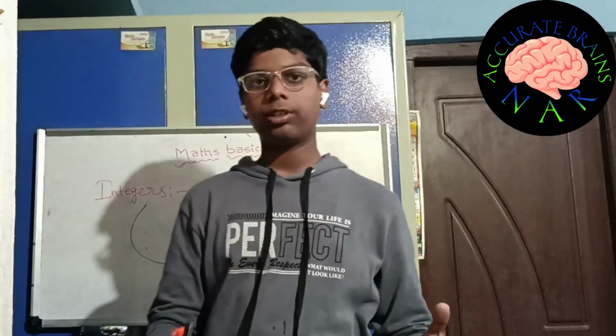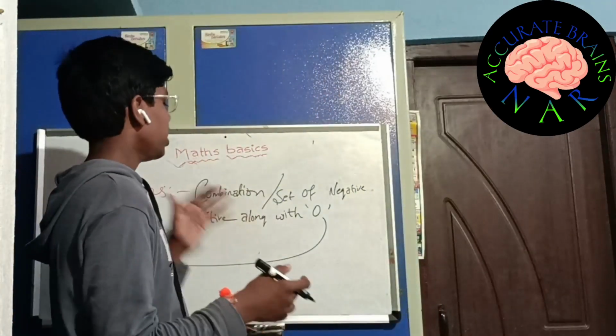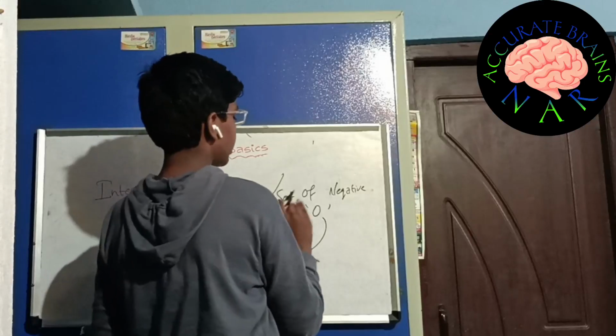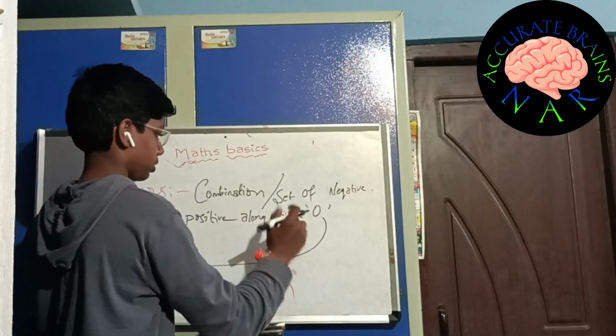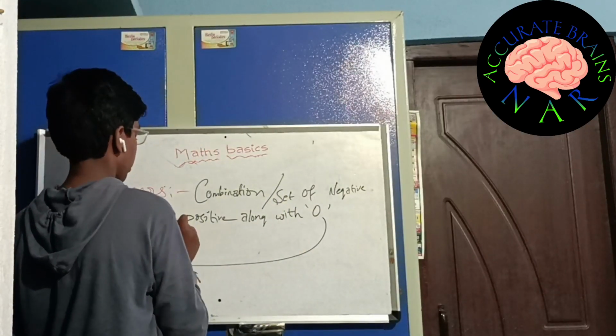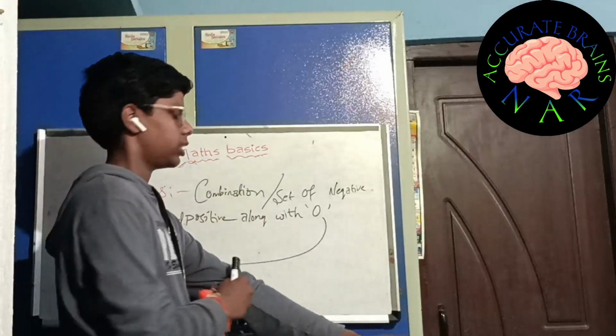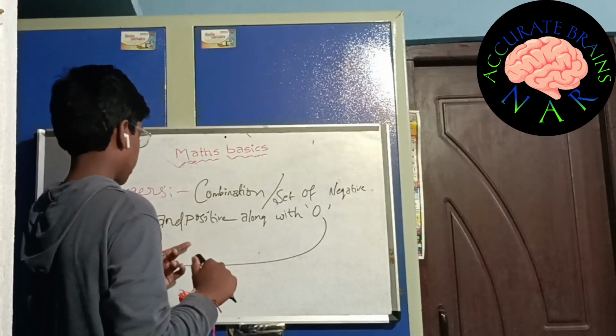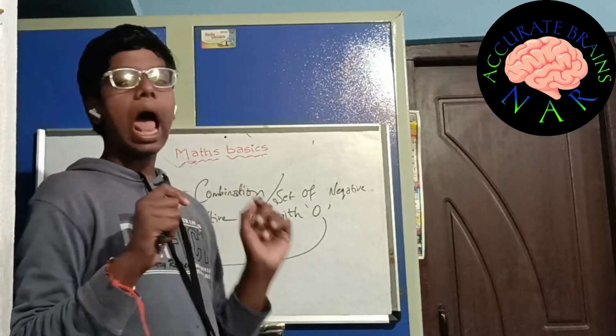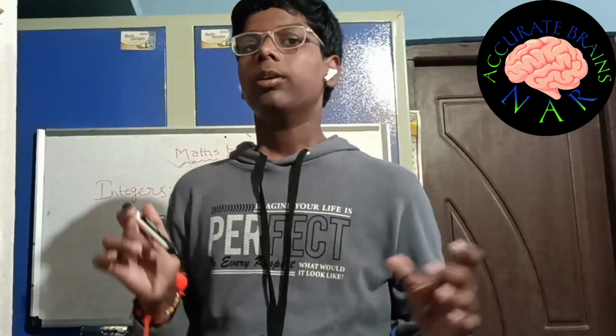Here we have to understand the logic, right? The combination or set of negative and positive numbers. Sorry, I wrote plenty of mistakes in this class. Negative and positive numbers along with 0.